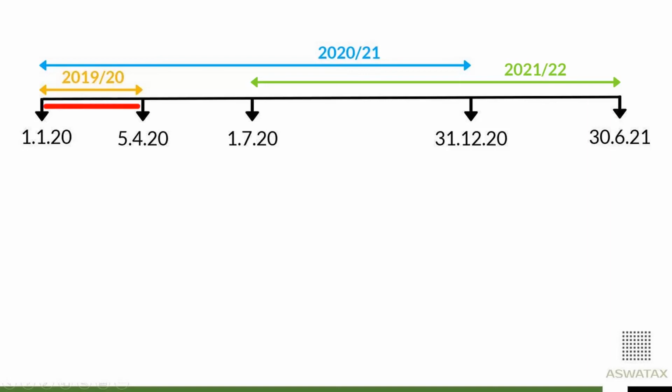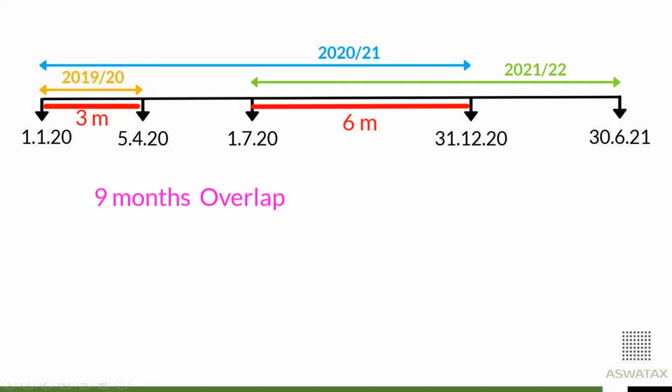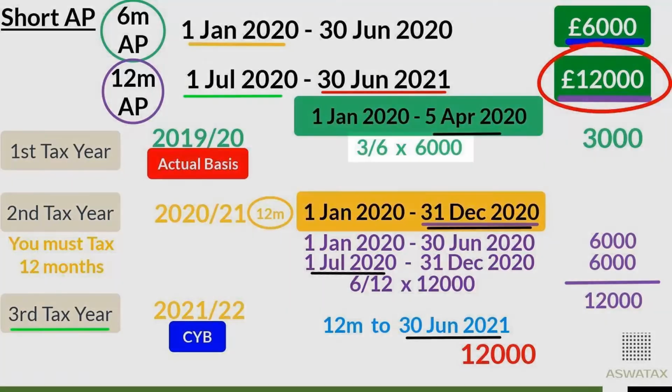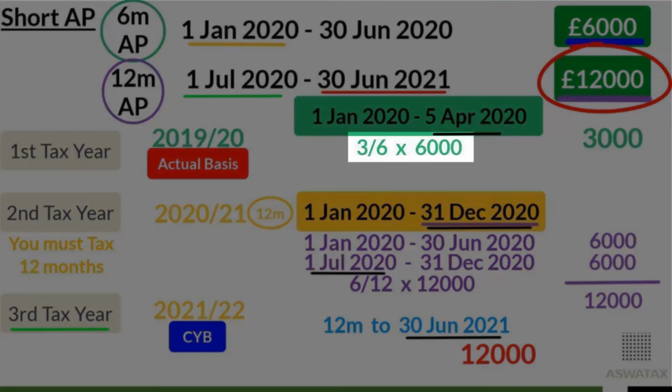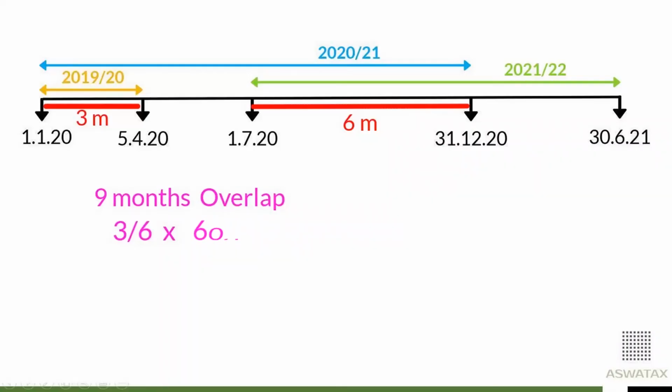So we have something there that's been taxed twice, and also this whole period here. We have 3 months here. We have July, August, September, October, November, December. 6 months here. So we have therefore 9 months overlap. 3 months out of 6 times the 6,000 profits, 3 over 6 times 6,000, gives 3,000.